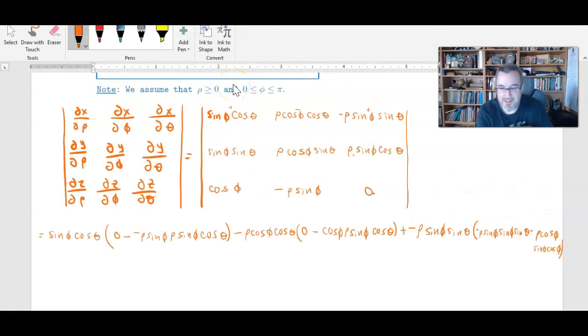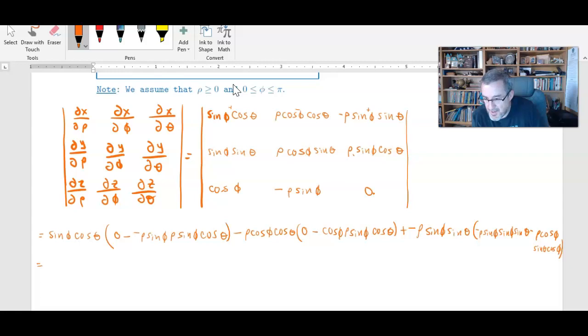All right, I tried to clean it up here a little bit. Double check your work. What I'm going to do is clean it up by getting rid of some of these zeros and distributing a bit. So let's see. What we've got now is this: sine phi cosine theta, minus minus plus.